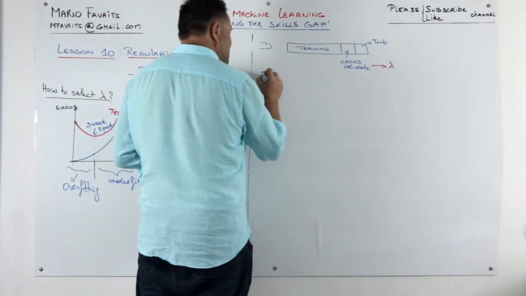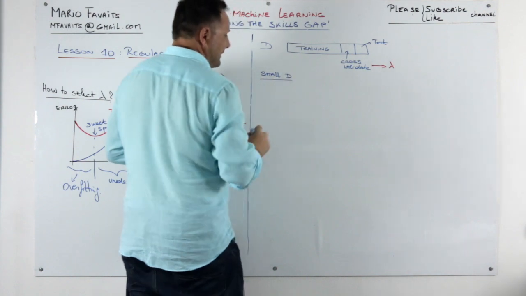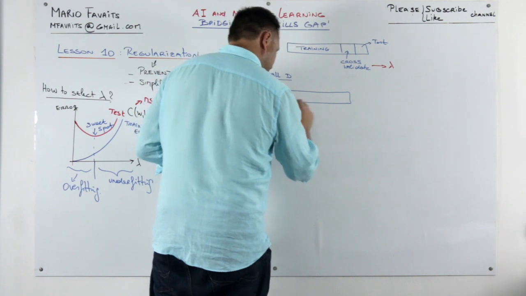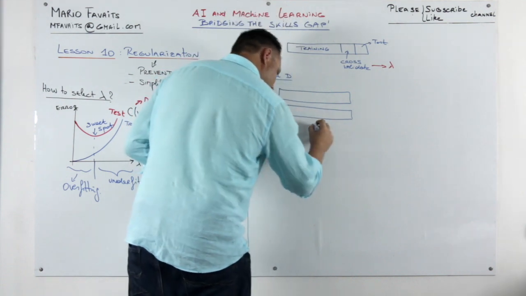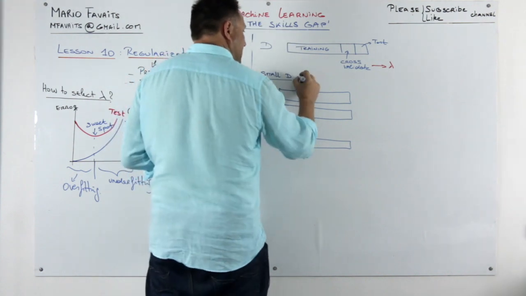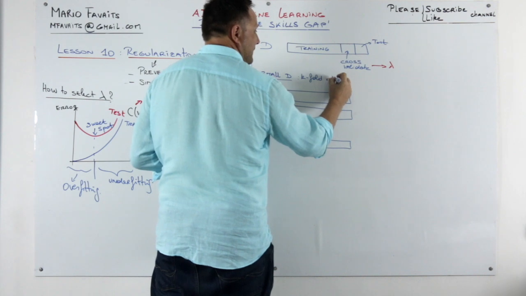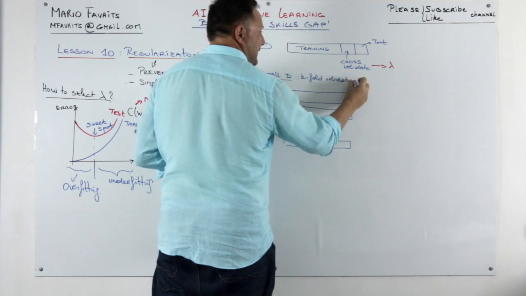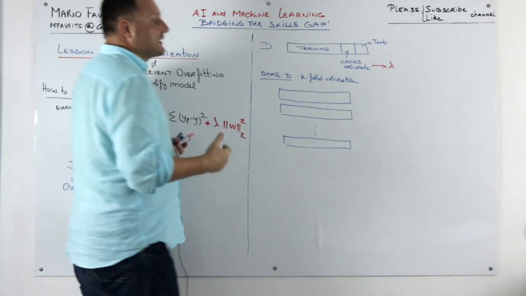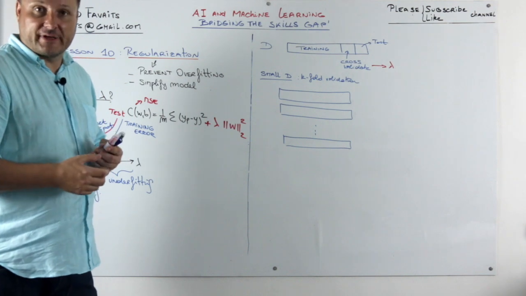If your training set is small, sometimes what people do is k-fold validation. You have to be careful, because if you do a lot of action on your validation set, you're also going to tend to overfit.